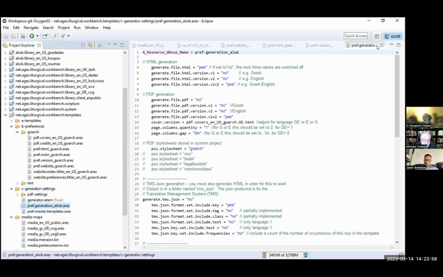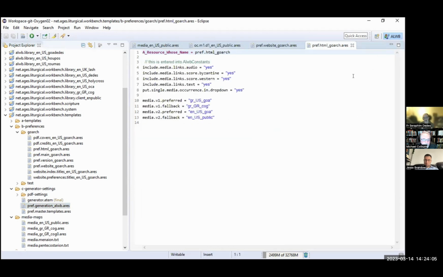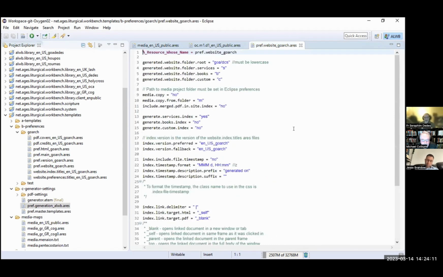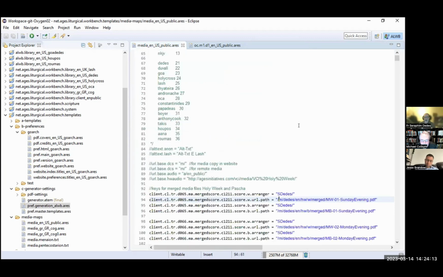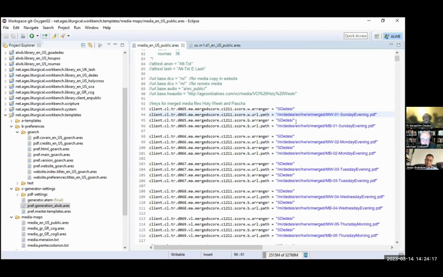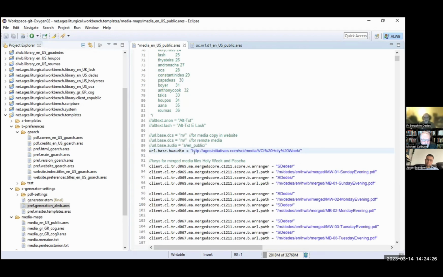Well, it is specified someplace. Yeah, in both ALWB and in Voxa, it's specified. So I know it works now. That means like in Voxa right now, the media doesn't have to be on the same server as the generated website. Right. Well, I mean, this line here used to be the base, but we don't use the base.